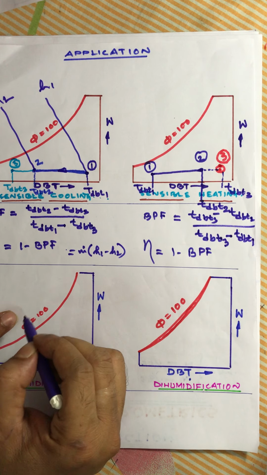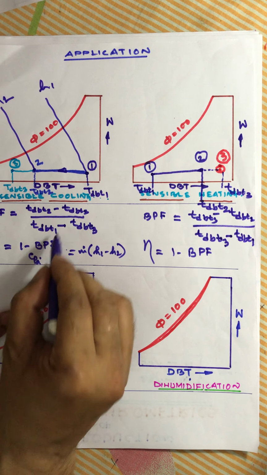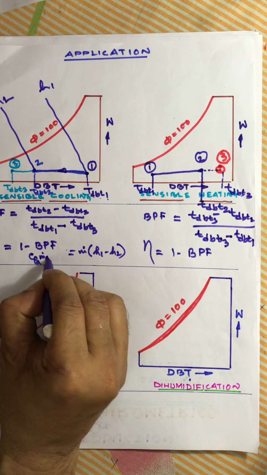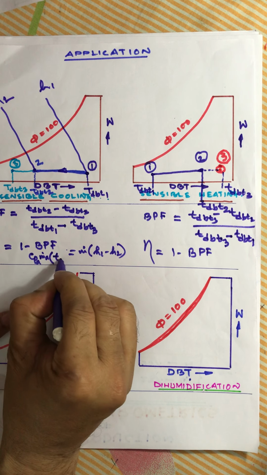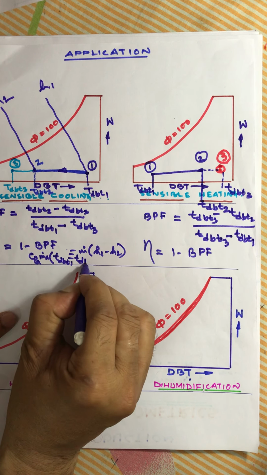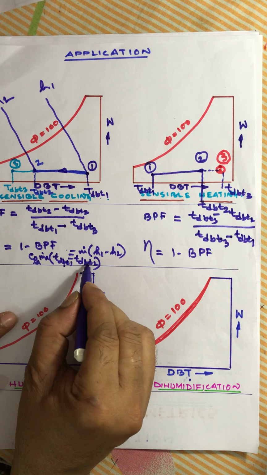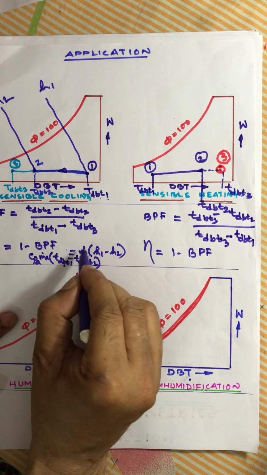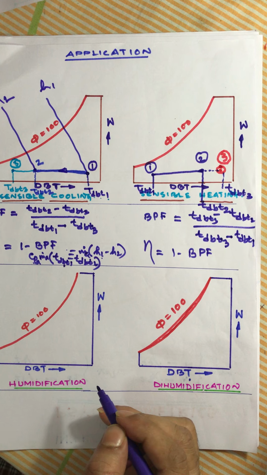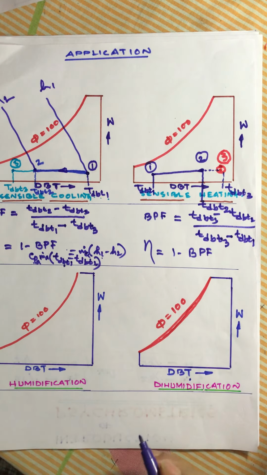That is nothing but Cp of air into temperature here minus here. That means m Cpa into T dry bulb temperature 1 minus T dry bulb temperature 2 is equal to mass flow rate of air into H1 minus H2. So, that is the amount of energy we have to reject for having this sensible heat exchange. Similarly, we can get this.